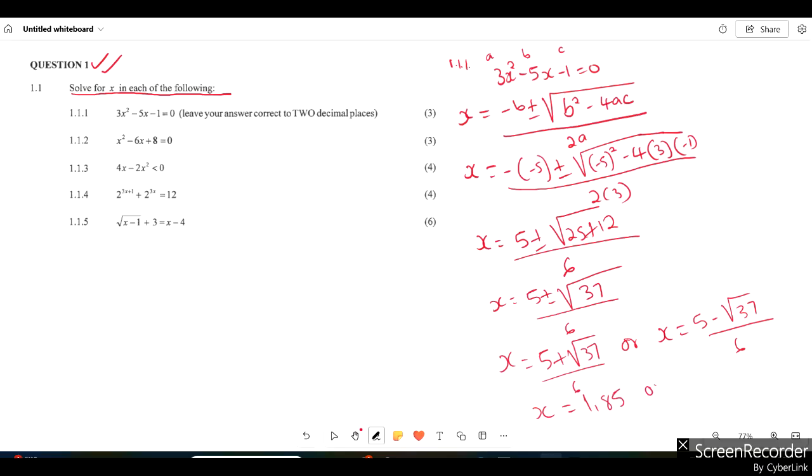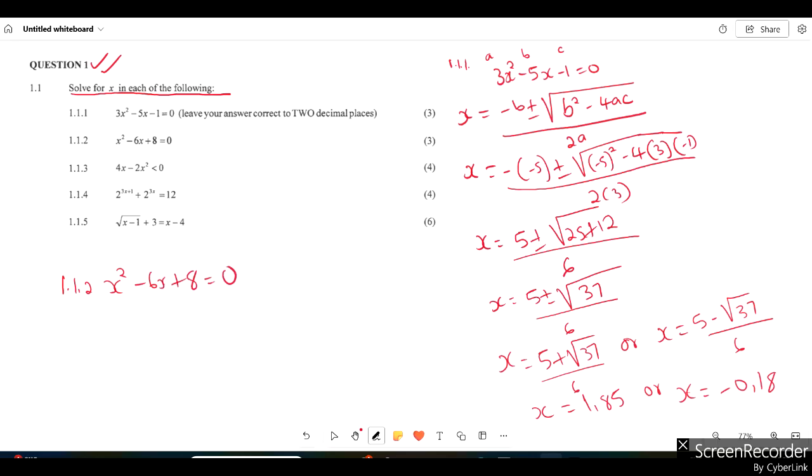Use your calculator. Or x is going to be minus 0,18.